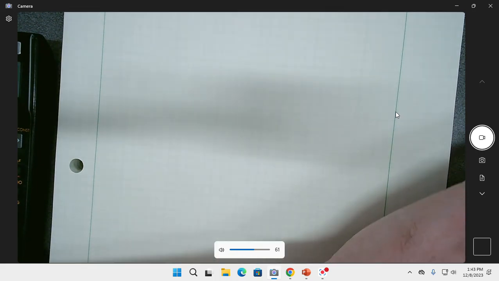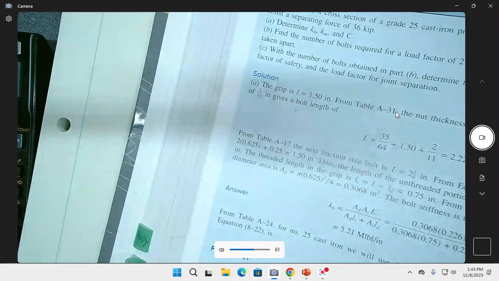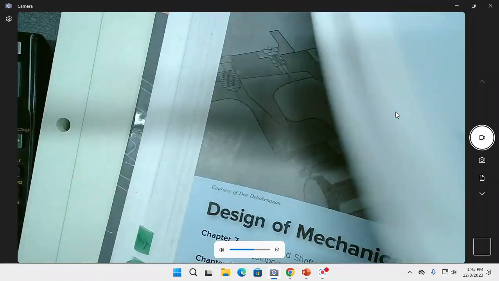Let's make a scenario. Let's just pick out a problem. There's a couple of them. There are some problems in here we haven't done, and the fatigue.